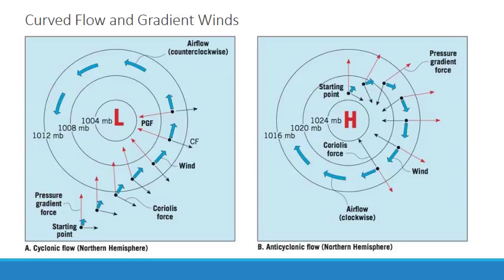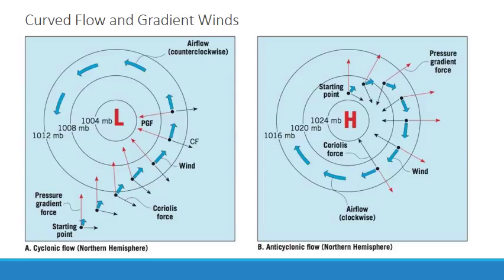Sometimes it's best to make yourself a little table that outlines conditions in the northern hemisphere. So in the northern hemisphere, airflow in cyclonic systems goes counterclockwise. In the southern hemisphere, when we have cyclonic flow around a low pressure center, Coriolis works the other way.